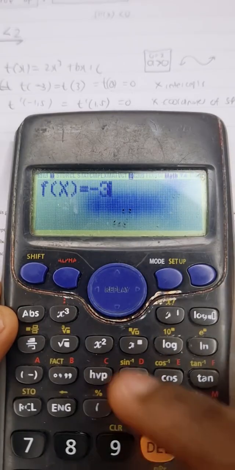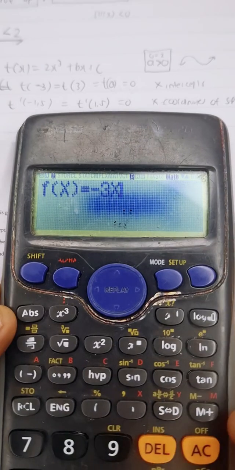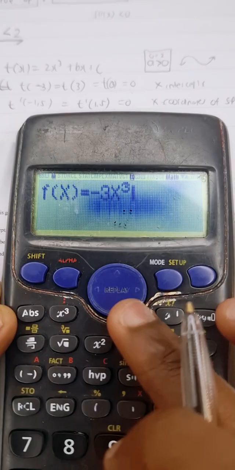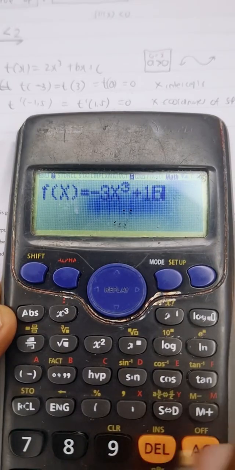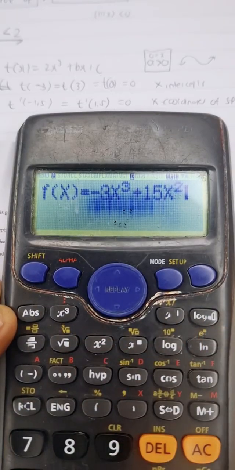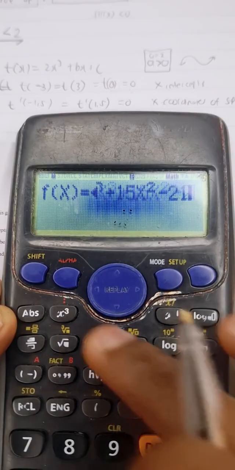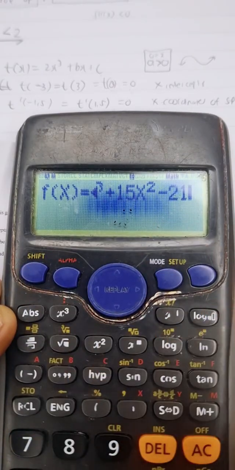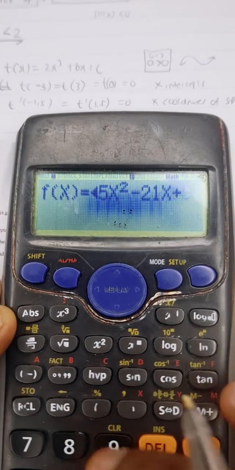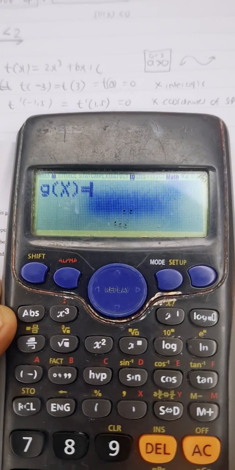Negative 3 alpha x cubed, plus 15 alpha x squared, minus 21 alpha x, plus 9. G of x we just skip, equal, we say start.